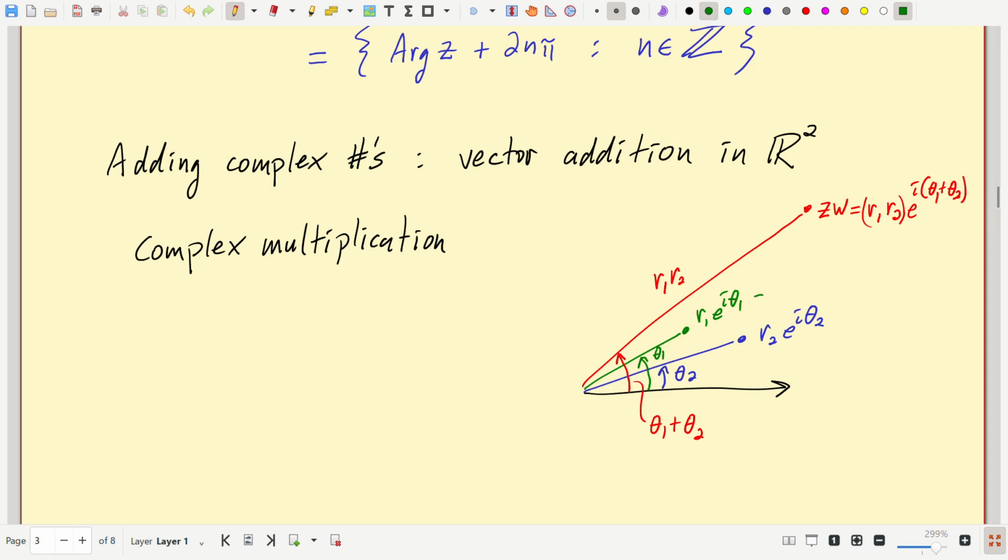So this is the v, and this is the w. There's a picture for complex multiplication, and it's something new and wild.